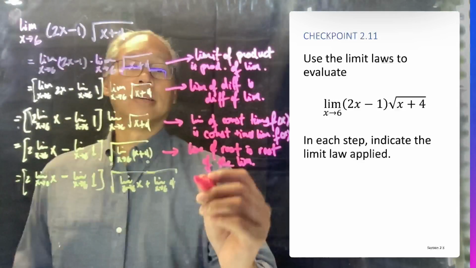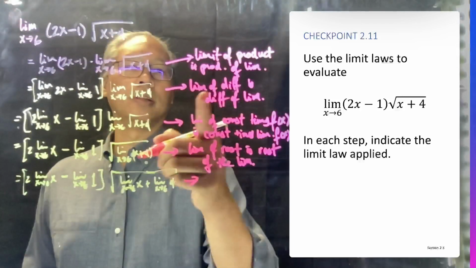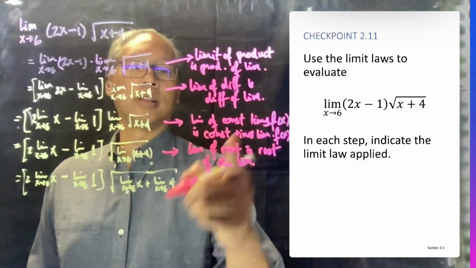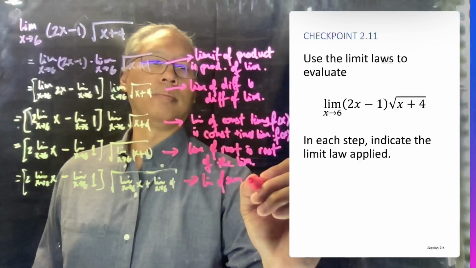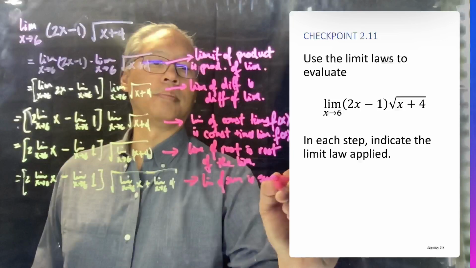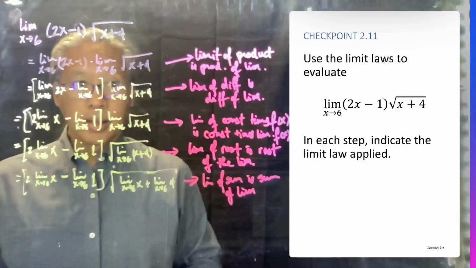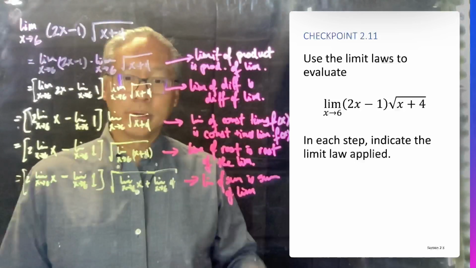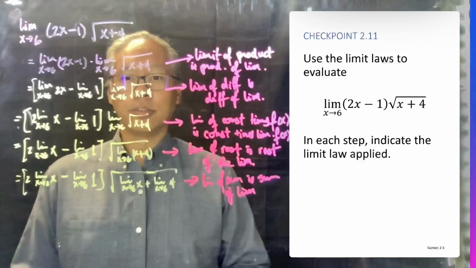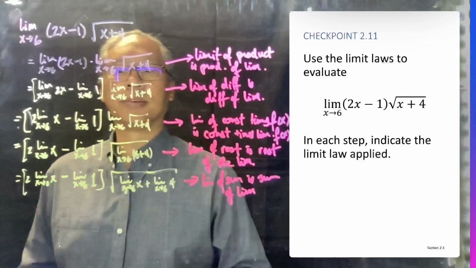And this is again like the sum and difference. So limit of a sum is a sum of limits. I'm trying to use this as descriptive as possible, but you can look at the list of the properties and just call it property 1, property 2, or whatever.